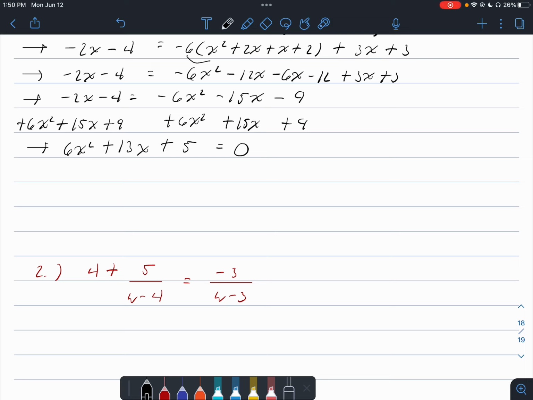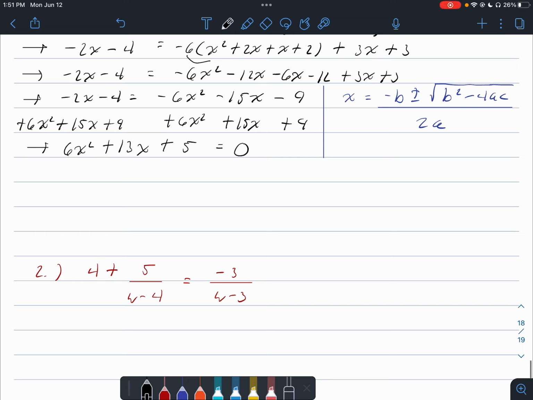So remember, our quadratic formula is given by x is equal to negative b plus or minus the square root of b squared minus 4ac, and this is all going to be over 2a.